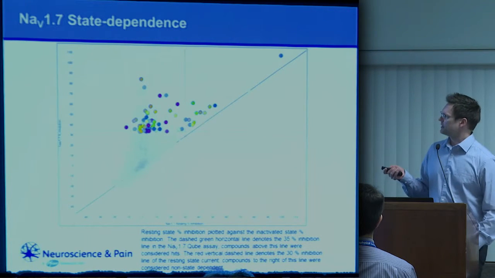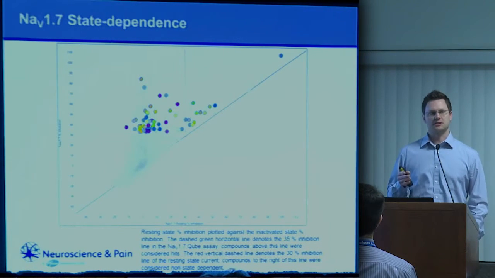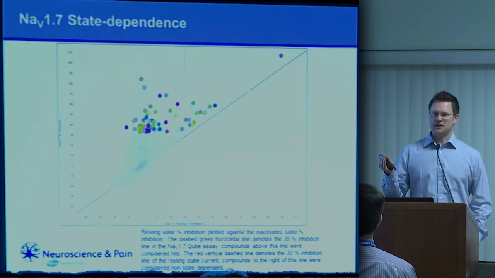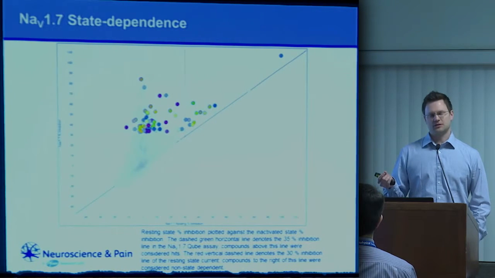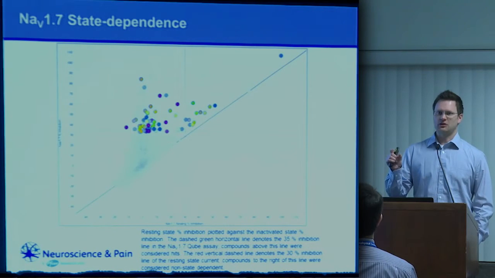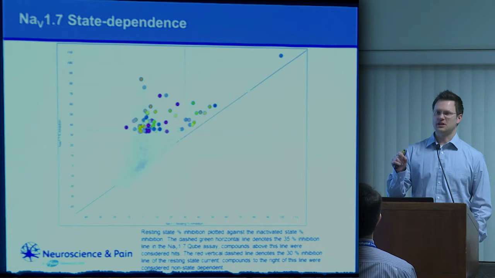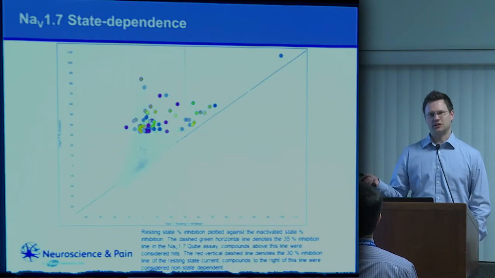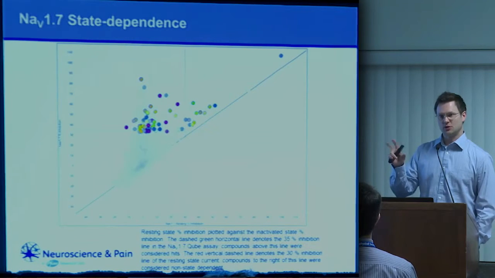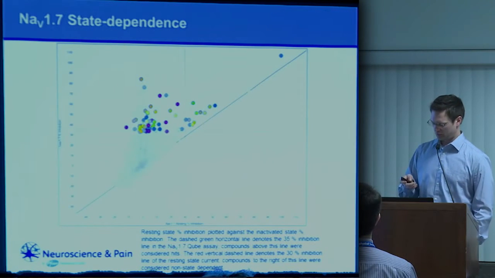So what we did here, our voltage protocol for the HTS was using a -120 hold, stepping up to 0 millivolts for about 2.2 seconds, then a recovery pulse at -120 for 100 milliseconds, and then a test pulse at 0. So we measured the current both at the beginning of the inactivation step and also after the inactivation step. And this is looking at the ratio of inhibition at those points in our voltage protocol.